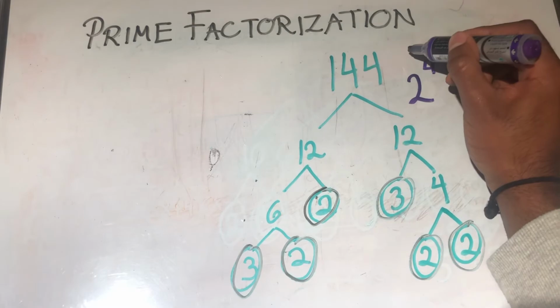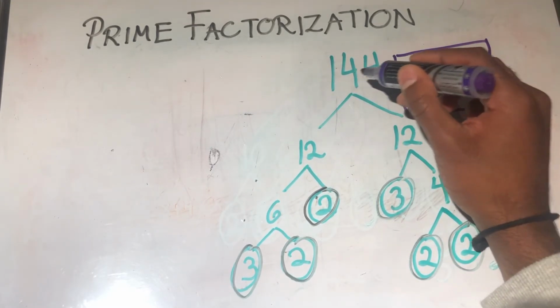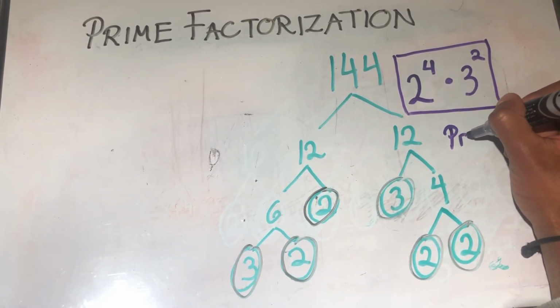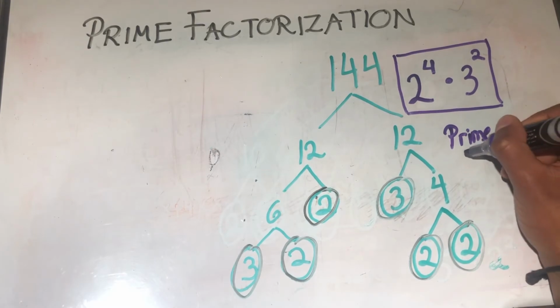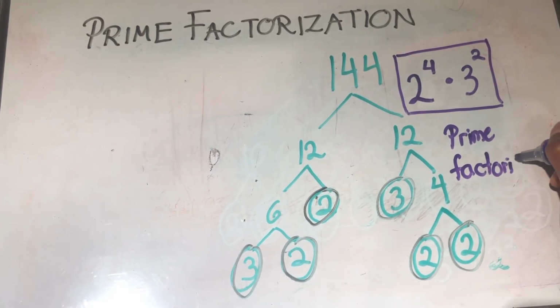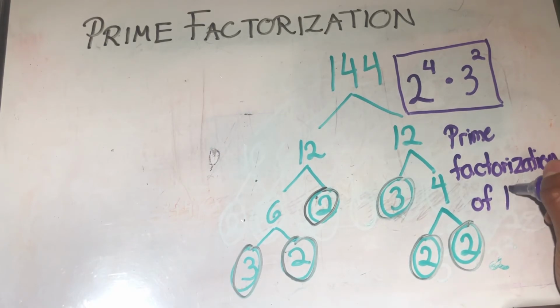This is a shorthand way of writing 144, or the prime factorization of 144.